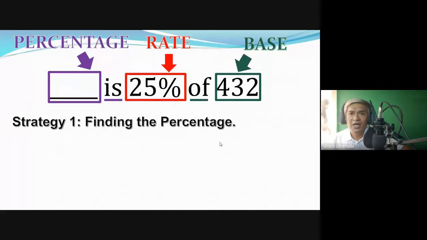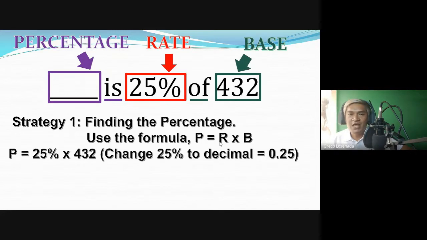Let's have strategy 1 in finding the percentage. We have to use the formula P is equal to R times B, or simply means percentage is equal to rate times the base. In strategy 1, we have to change 25% to decimals. So if we change that 25% to decimal, that is equal to 0.25 or 25 hundredths.